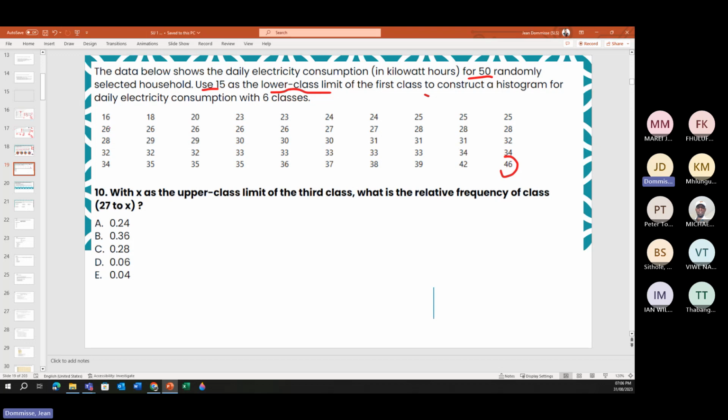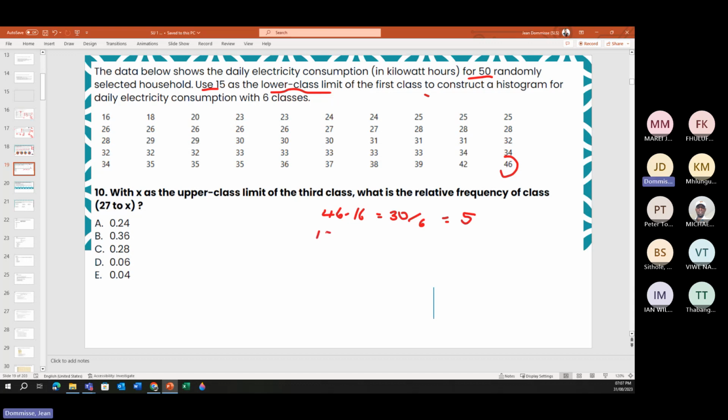So 46 minus 16, divided by 6, because there were 6 classes. So 46 minus 16 gives us 30, divided by 6. So each class has 5 numbers.